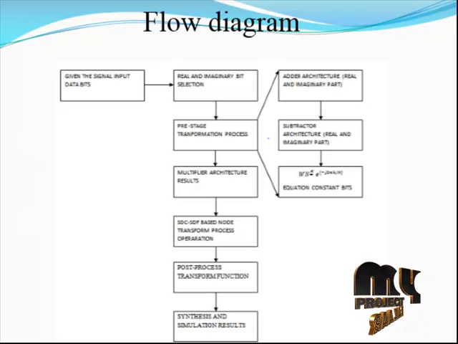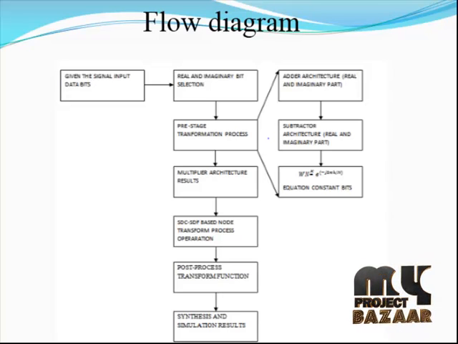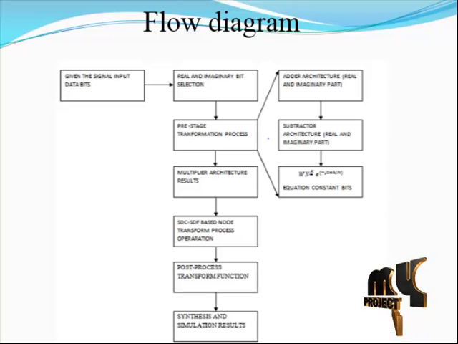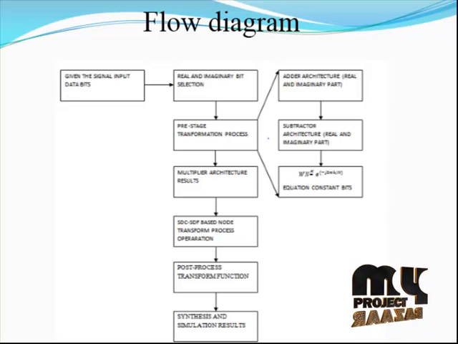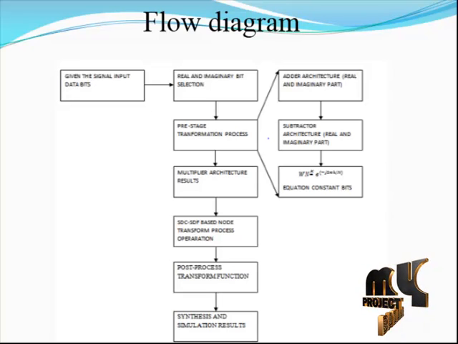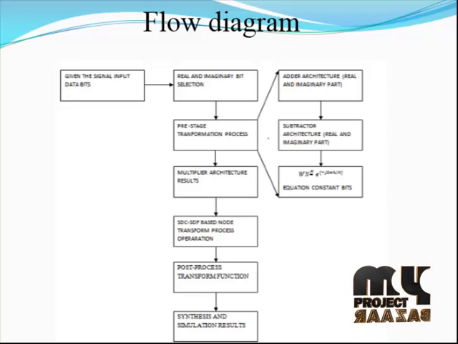Next, we are going to see the flow diagram for our project. The given signal input database is given to the real and imaginary bit selection. Then the output of the real and imaginary bit selection is given to the input of the pre-stage transformation process. This process involves adder architecture, real and imaginary part, subtractor architecture, real and imaginary part, and the equation for the constant bits.